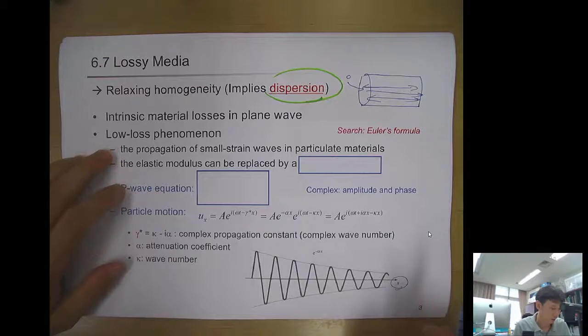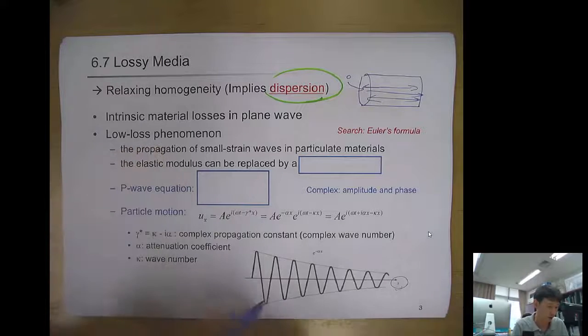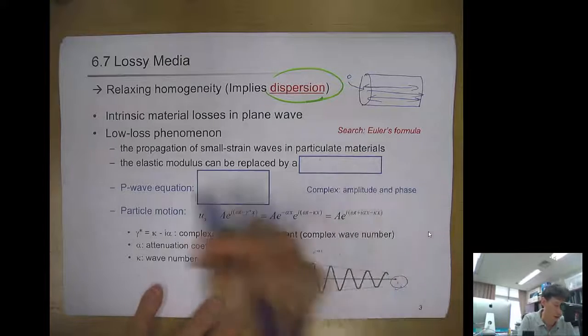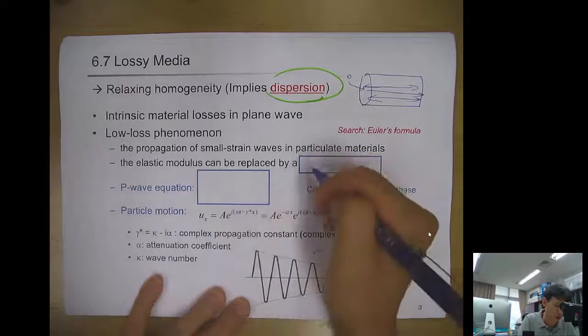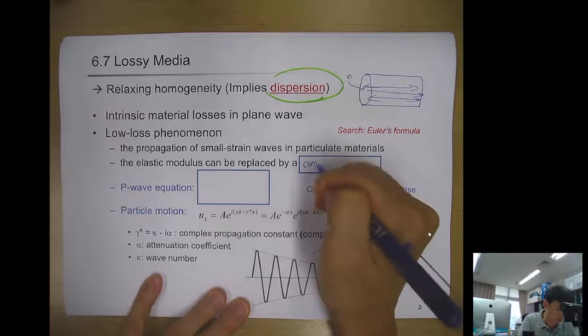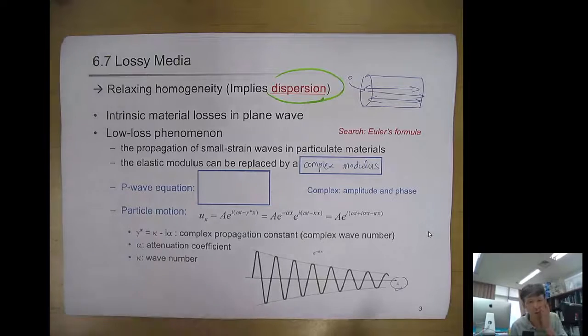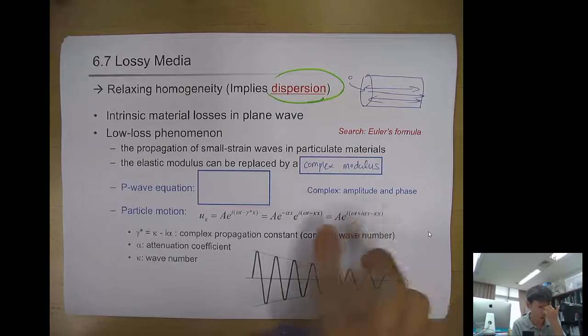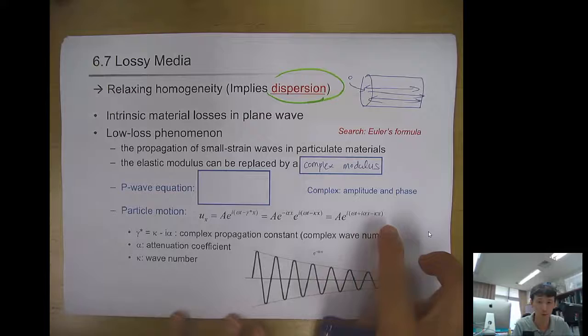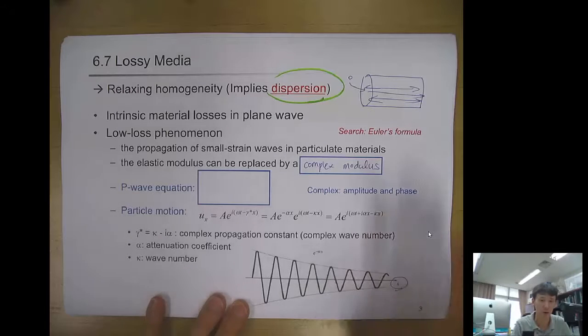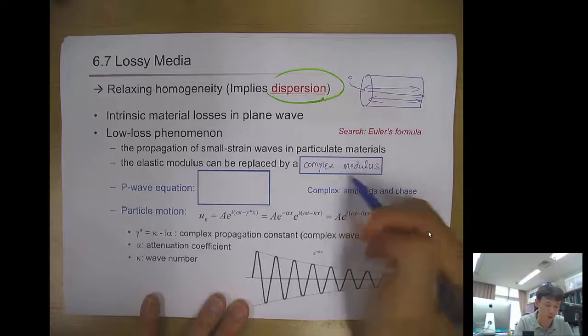Basically we assume it's a low loss phenomenon, the propagation of small strain waves in particulate materials, and the elastic modulus can be replaced by a complex modulus. It was just the elastic modulus when we don't consider the dispersion or the attenuation, but when you start accounting for the attenuation, now we are introducing the complex modulus.